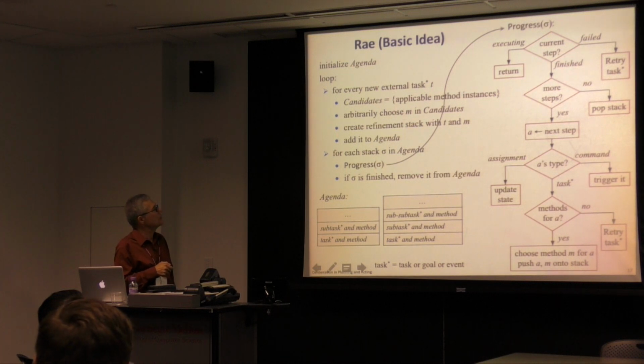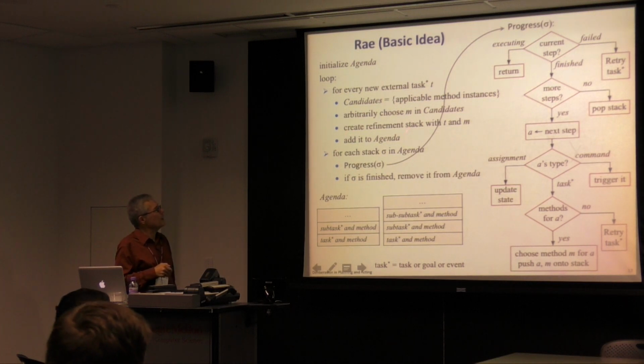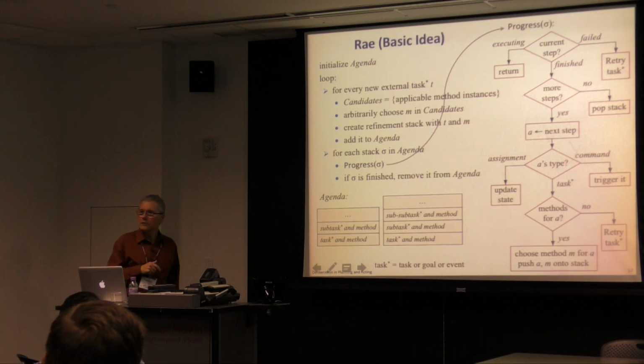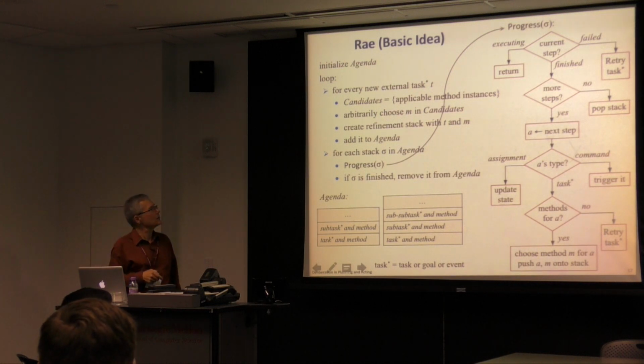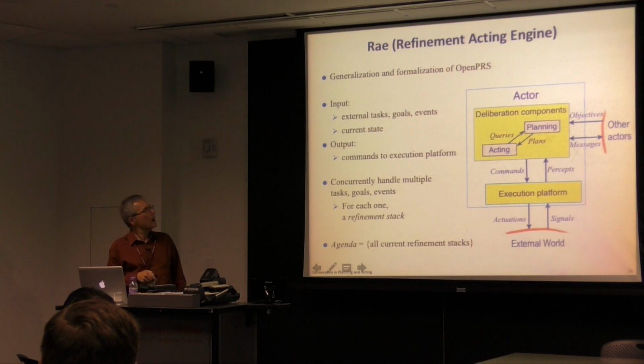Arbitrarily choose one of them. I'll talk more about that in a few minutes. Create a refinement stack, saying that you have that task you're trying to accomplish and you're going to use this method instance for it. Add it to your agenda.